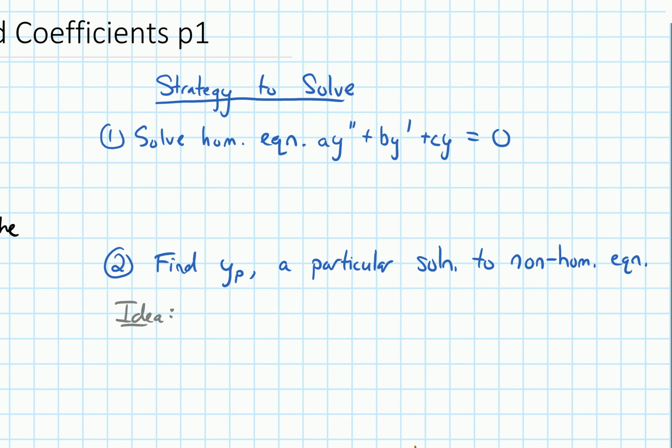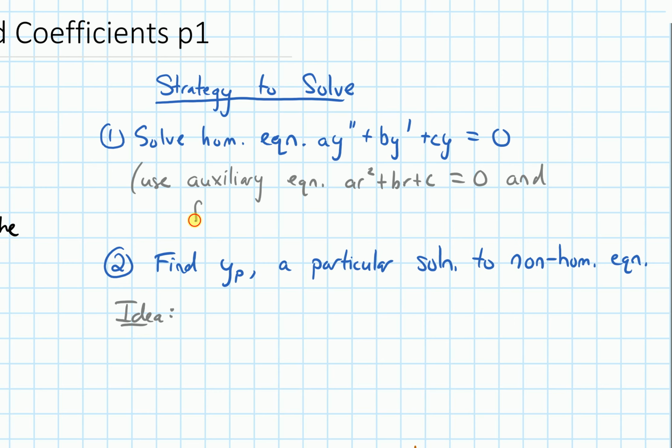So there are 3 key steps to solving a non-homogeneous ODE. The first 2 we sort of briefly hinted at. The first 2 involve first solving the homogeneous equation, so where the right-hand side equals 0. So to do that, we use the characteristic equation, or sometimes we call this the auxiliary equation, which would be ar squared plus br plus c equals 0.